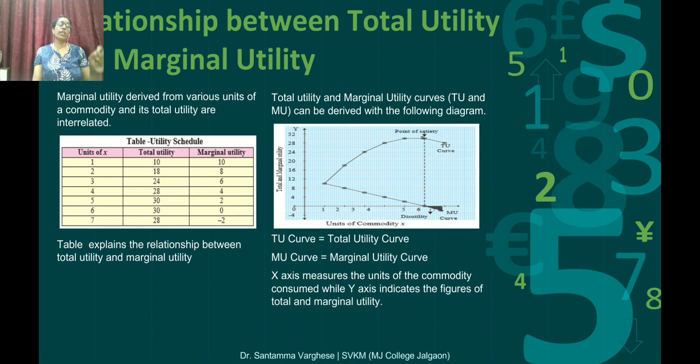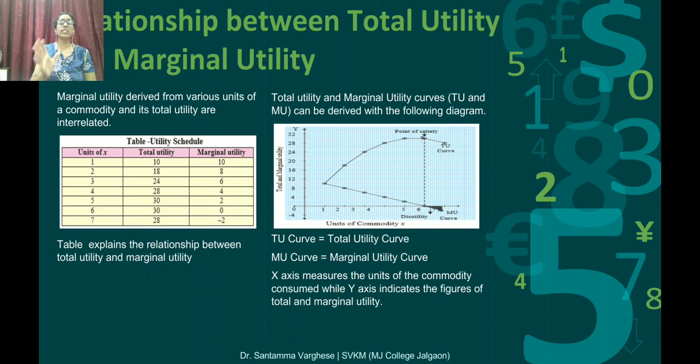There it is the same thing. If you have studied the relationship between total utility and marginal utility, you can very easily study the coming part. So go through that, study the table properly and draw the figure also. So students, today we studied the types of utility.